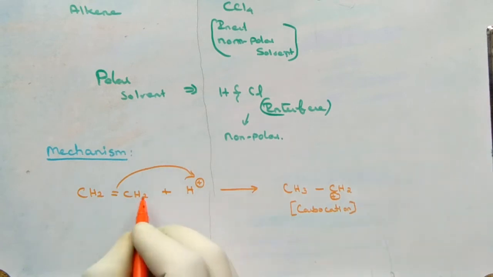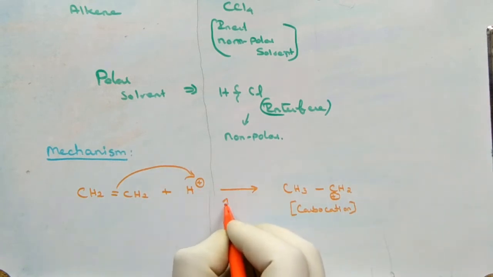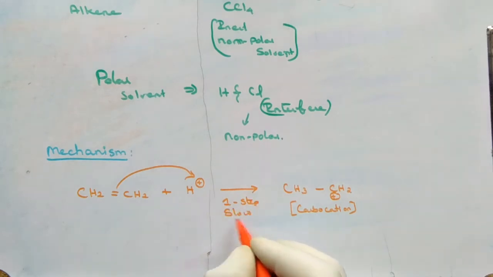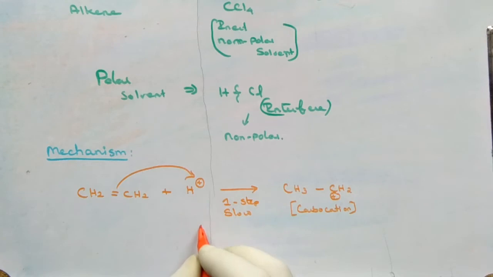As I told you already, this step is the first step and it is the slow step. This step is also called the rate determining step. Usually in any chemical reaction, the slowest step is called the rate determining step.